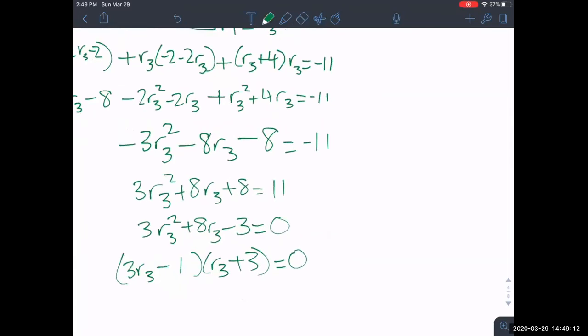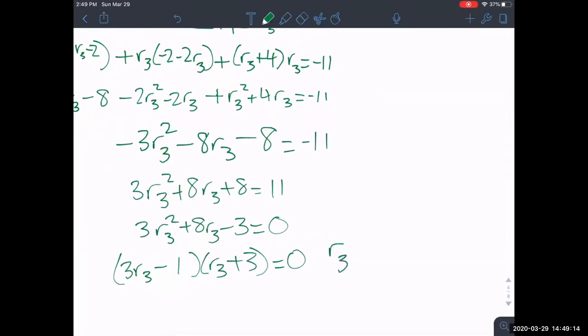Okay, let's continue. So R3 is going to be 1/3 or negative 3.